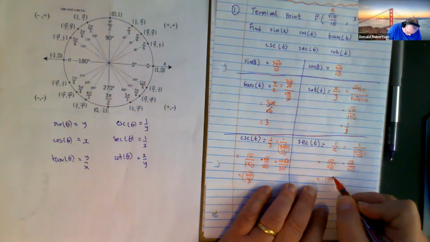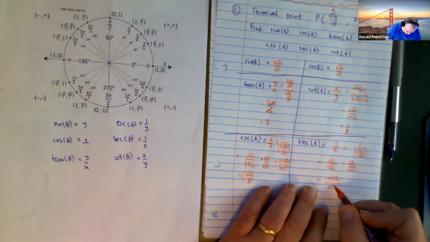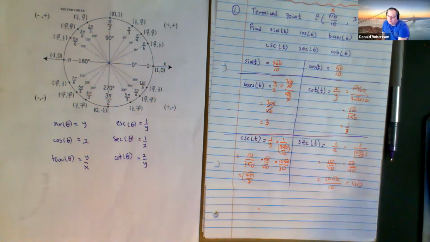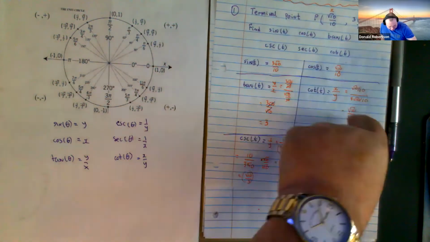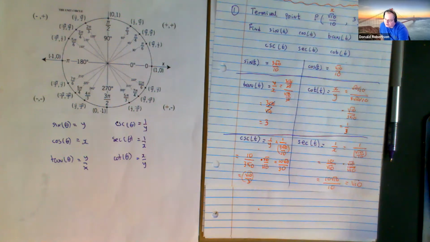The top becomes 10 root 10, and those two get you 10. Oh, and then the 10s cancel, and you get root 10 when you're finished. That's pretty much it. Would you agree that if you know the terminal point, it's not that difficult because you've got formula to find the 6 trig ratios? Great.